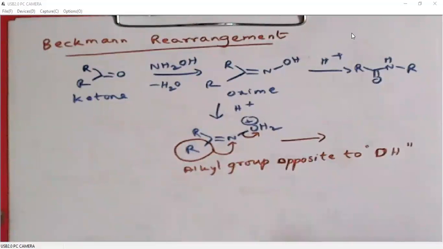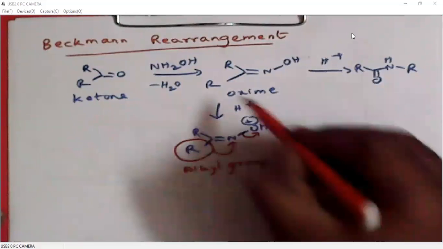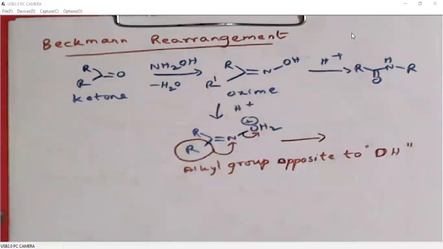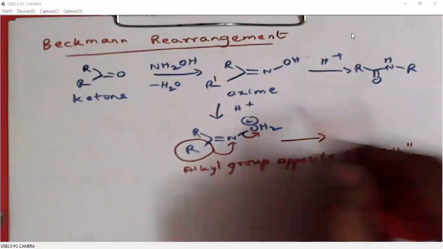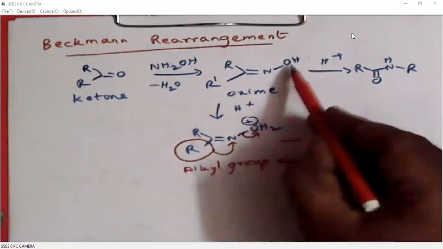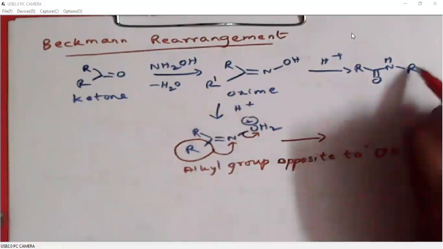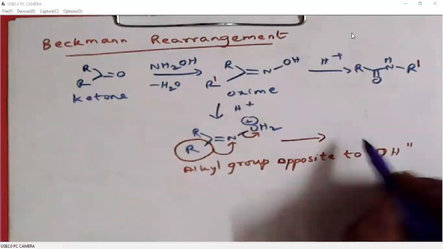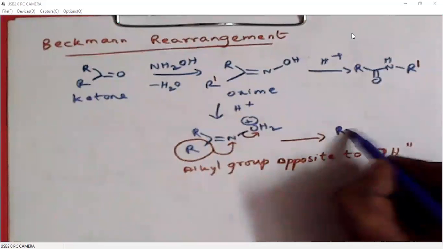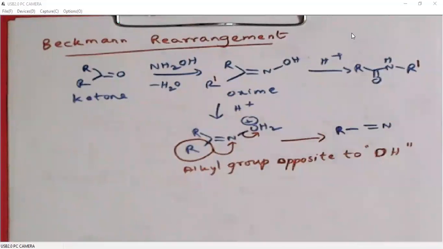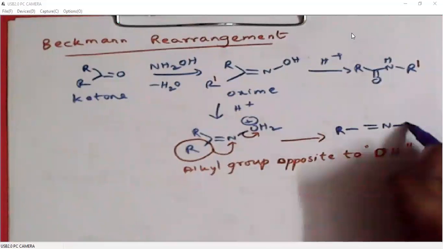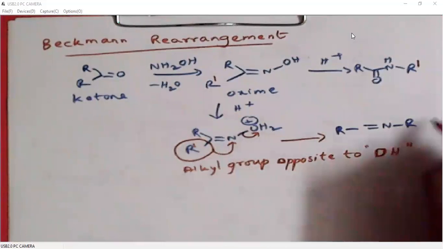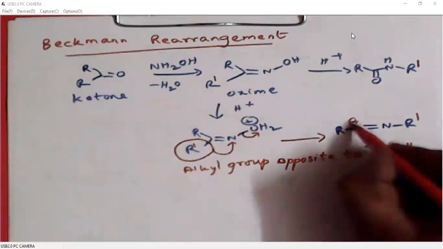So for simplicity, I'll mark it as R dash. So which alkyl group will migrate? Because this R dash is opposite to OH group, the R dash group is the alkyl group which is undergoing migration. Now, after alkyl migration, we are having R dash here and positive charge.